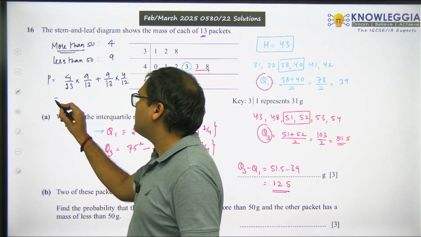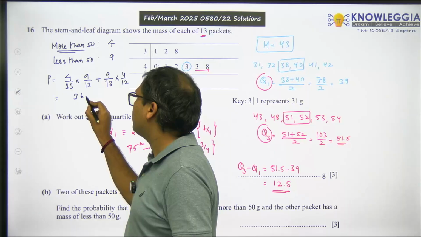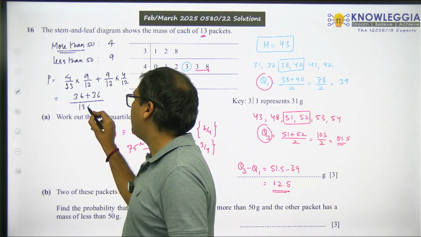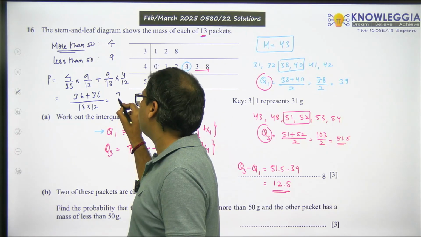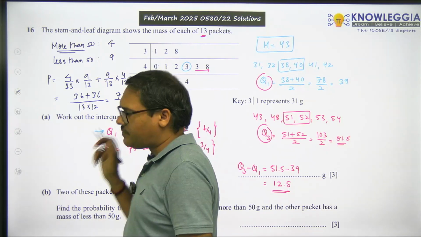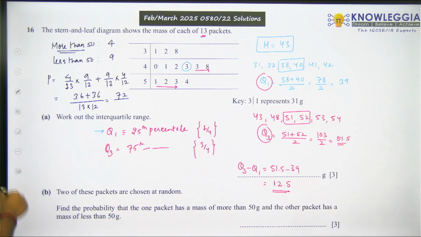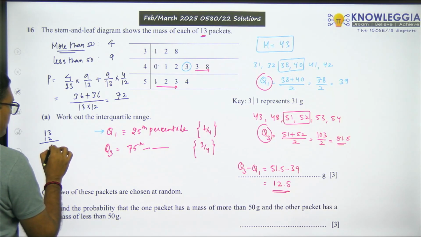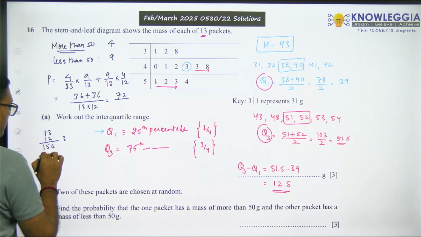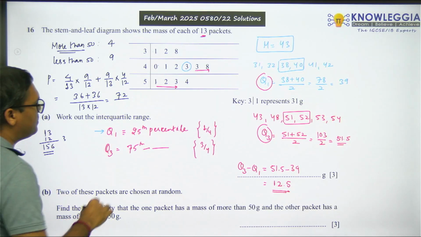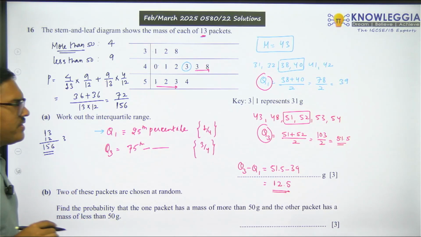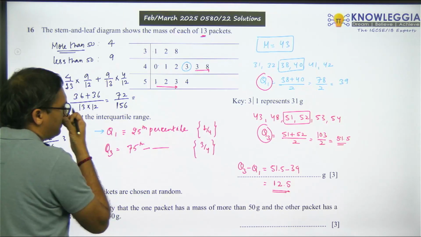So you can see this is 36 plus 36 upon 13 into 12. So this is 72 divided by, if you just multiply 13 and 12, this is 156. So that is 72 by 156. Again, there is a common factor of 4 also.